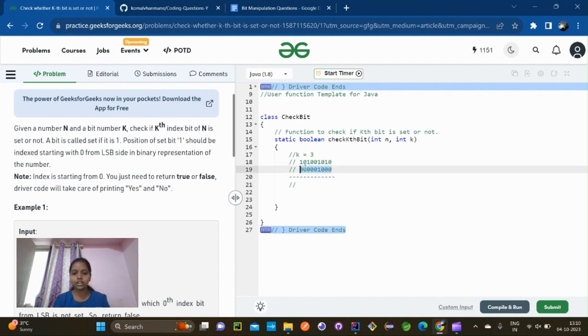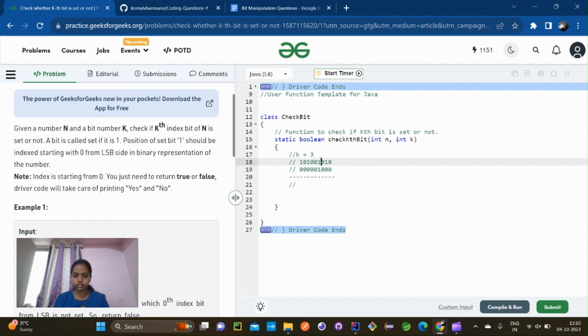So here all the bits are 0 except this one, which is at the kth position, at the kth index. At the third position from right, with positions starting from 0, that's why I'm saying it's third. At the third position there is only one 1, it is a set bit. So we are going to AND with the other one.